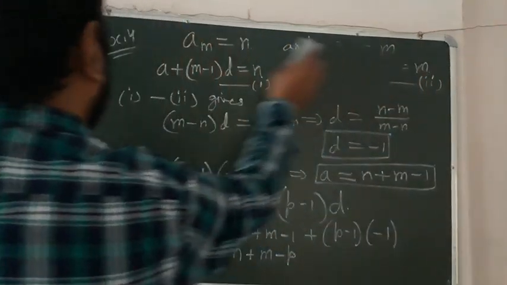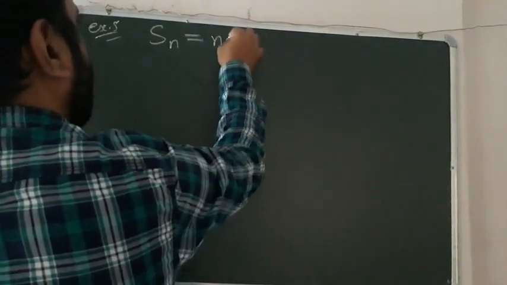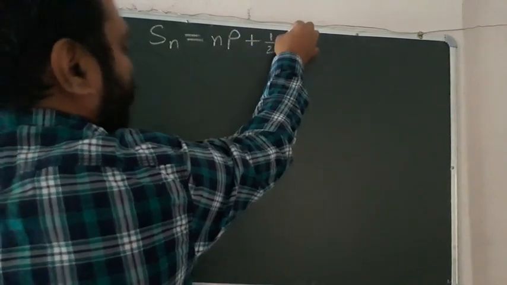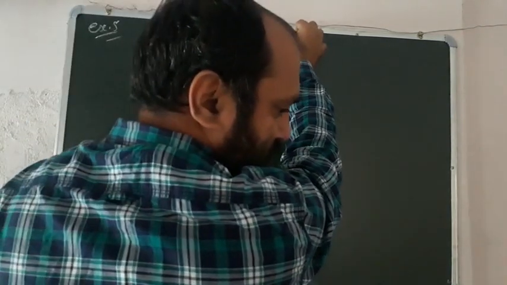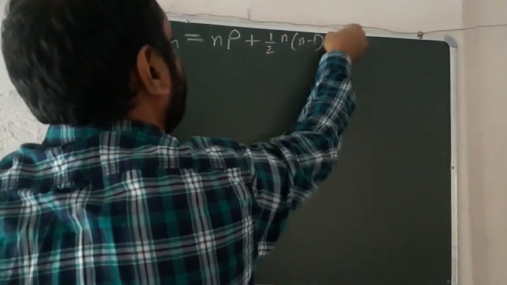Let us take example number 5 here. As you see in your book, example number 5: if the sum of n terms of an AP is equal to np plus half n into (n minus 1) into q.